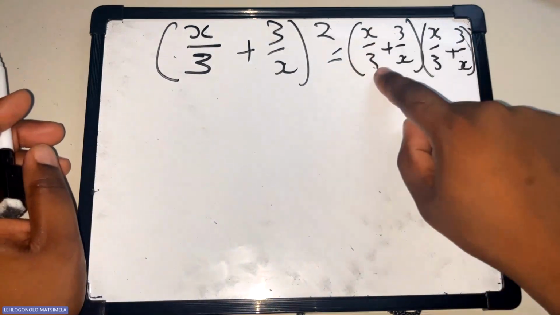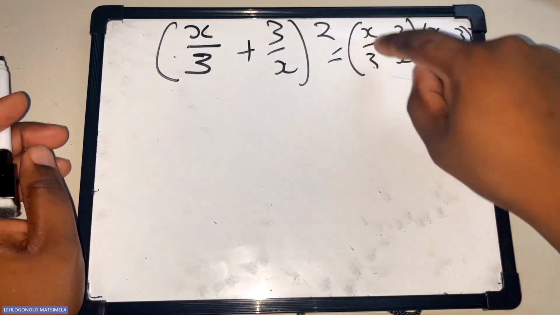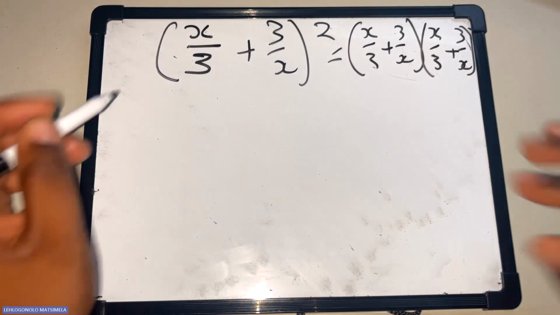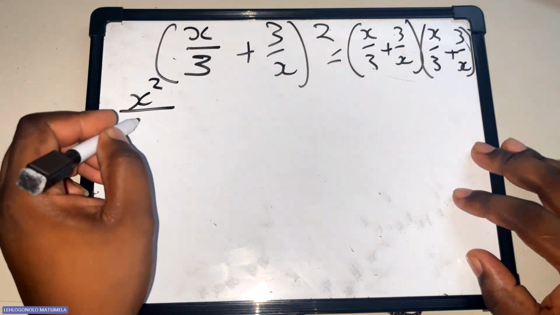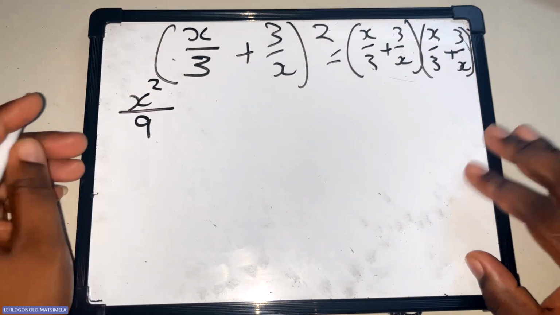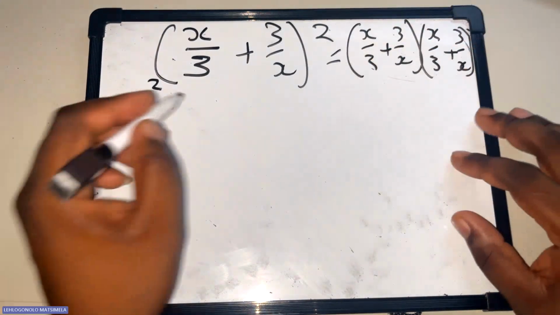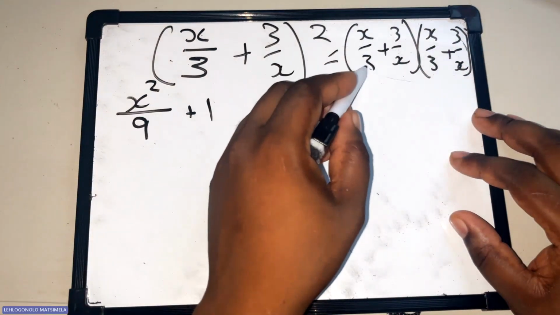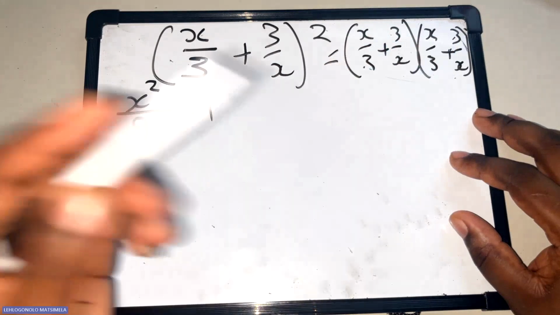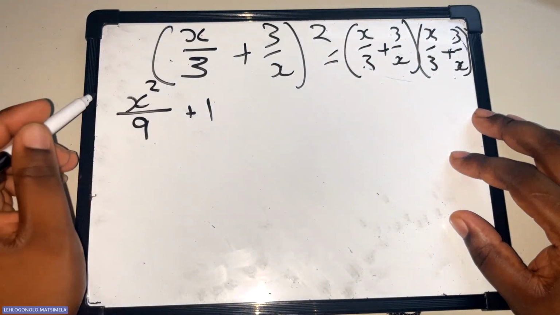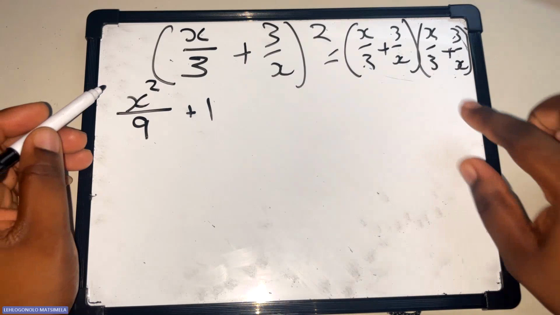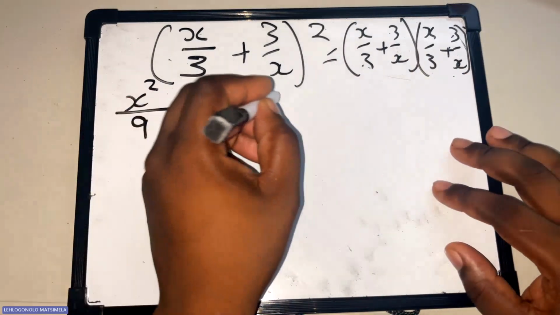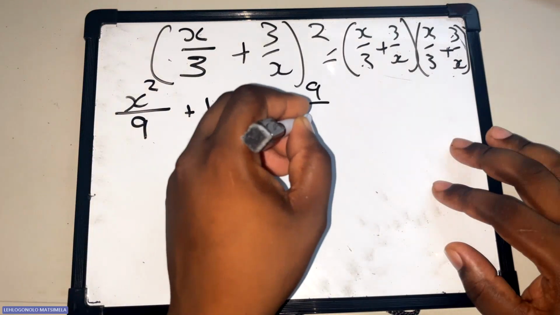When I say x over 3 multiplied by x over 3, then I will be having x to the power of 2 divided by 9. And then this one multiplied by the other one, it gives me 1. X over 3 multiplied by 3 over x, the reciprocal of something, no matter what, is 1. And then the same thing, still plus 1. And then the last part, it gives me plus 9 over x to the power of 2.